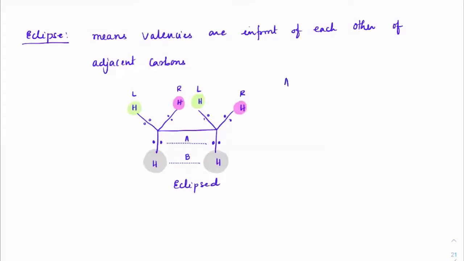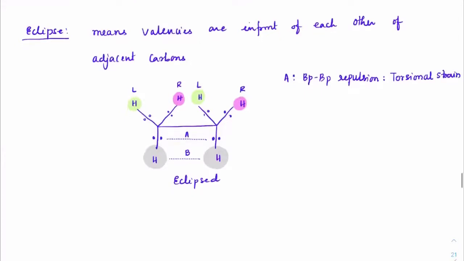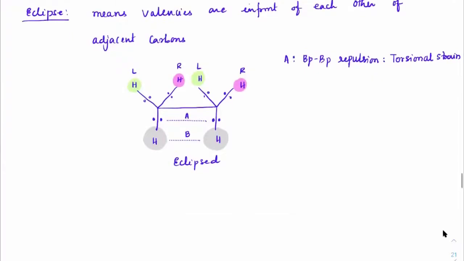A type of repulsion is because of the bond pair repulsion, and this type of repulsion is called torsional strain. So when the strain is being developed, what is strain? Strain is nothing but just a transformation. Got it? So if bond pairs repel, we will experience something called torsional strain.